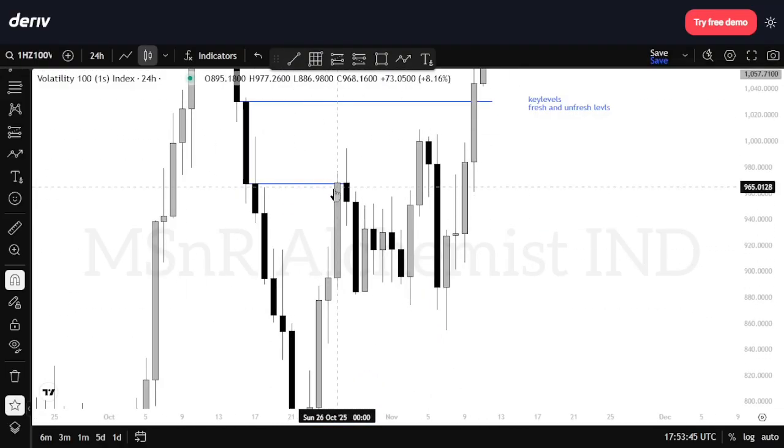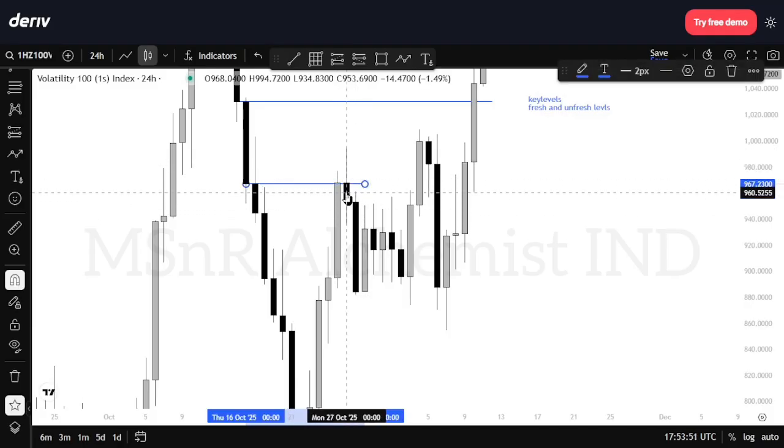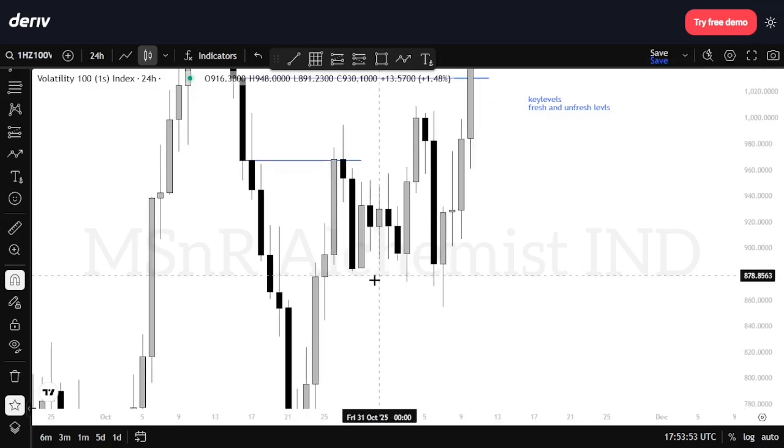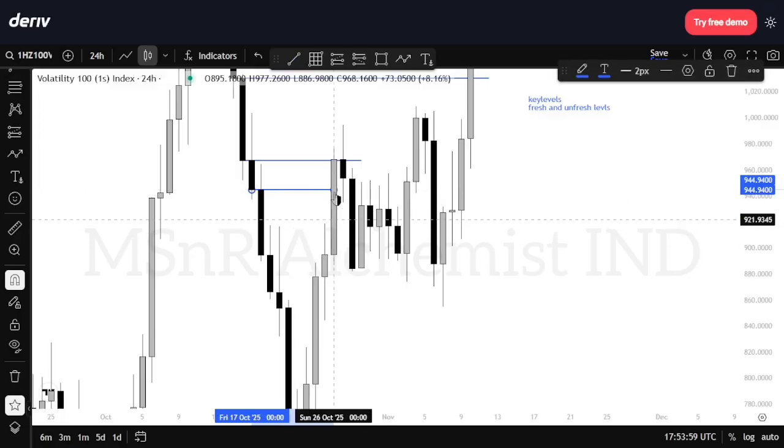Market came, tried to break that, but it didn't break, and we fell, right? We fell again. We have an opening closing level here, right here. We break that because the following criteria are not fulfilled, and we break.